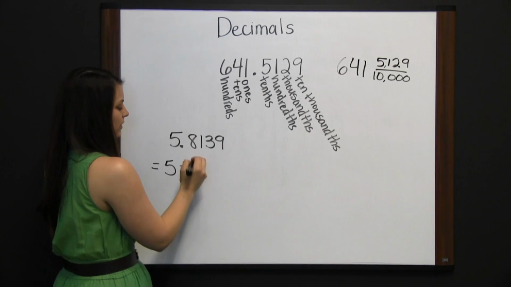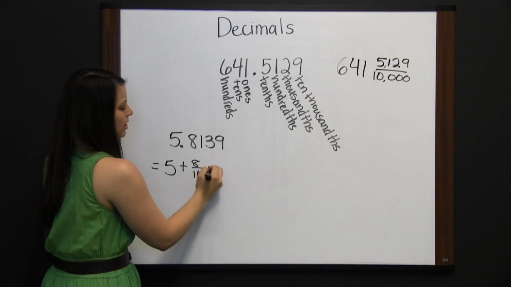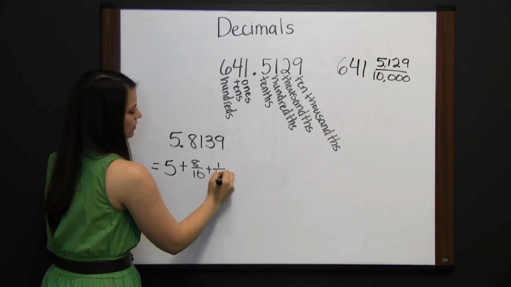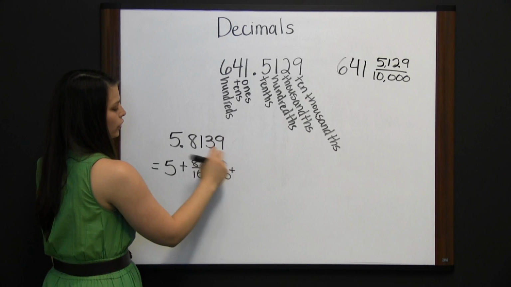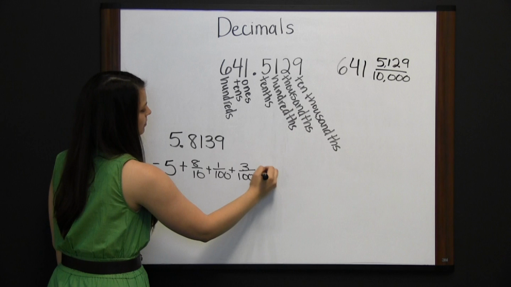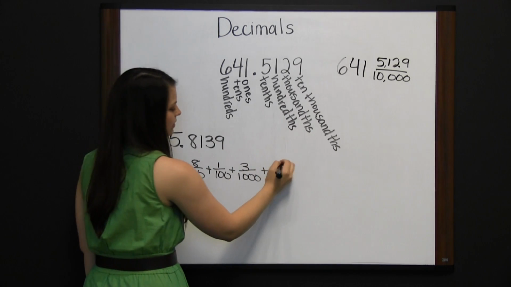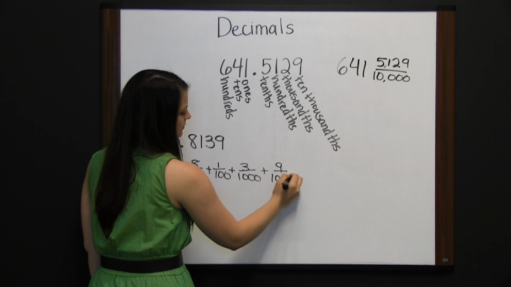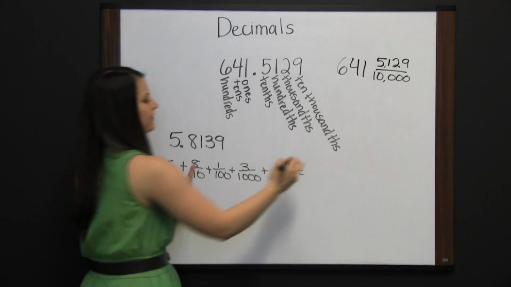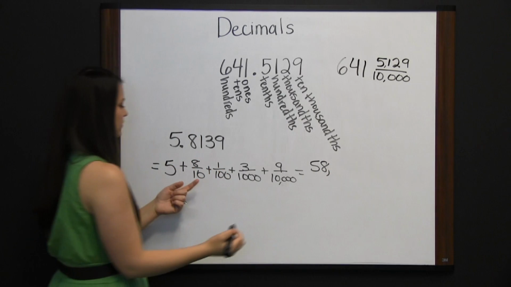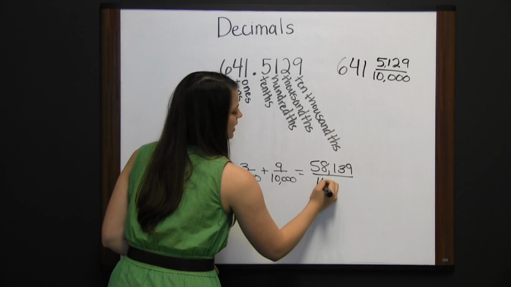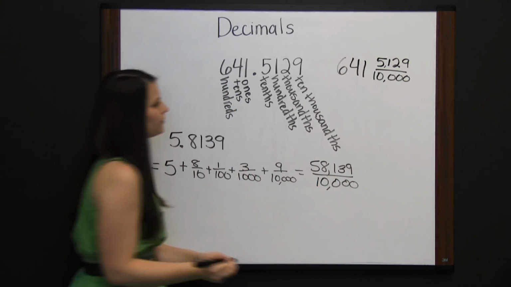plus 1/100ths, plus 3/1,000ths, plus 9/10,000ths, which would give us 58,139 10,000ths.